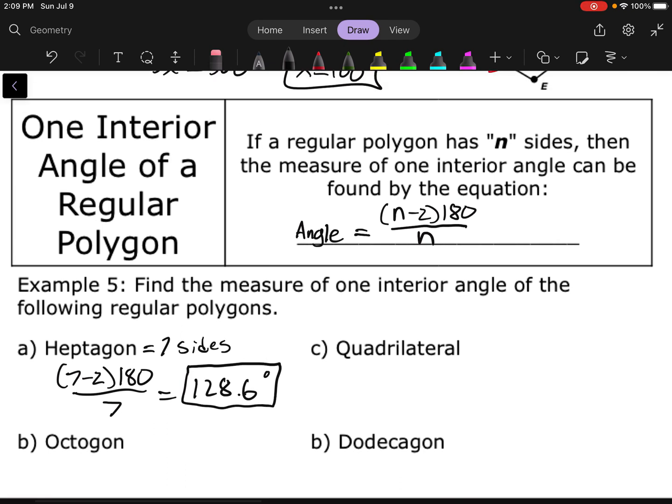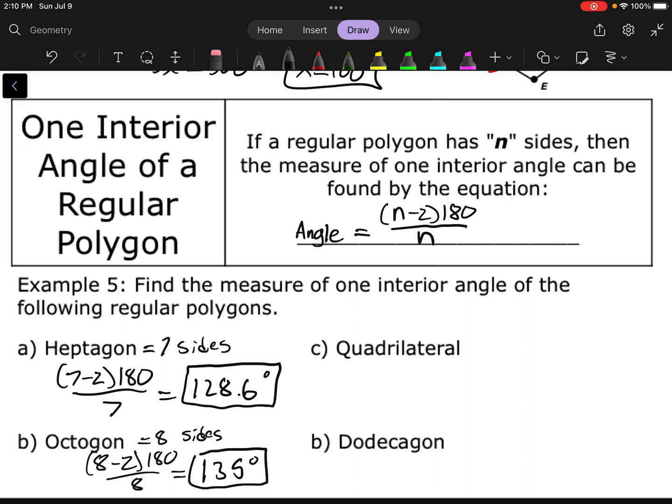An octagon obviously has 8 sides. So we would do 8 minus 2 times 180 divided by 8. And if we do that, I'm getting 135 degrees.